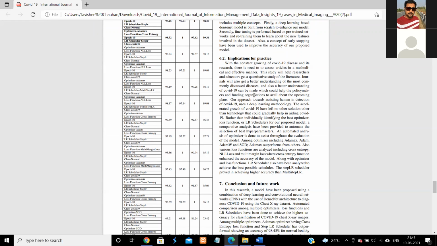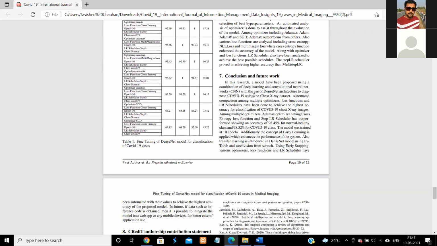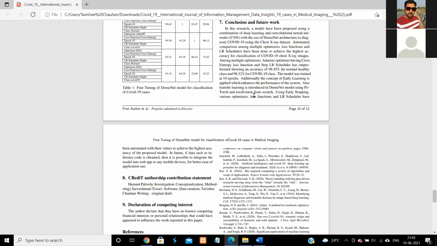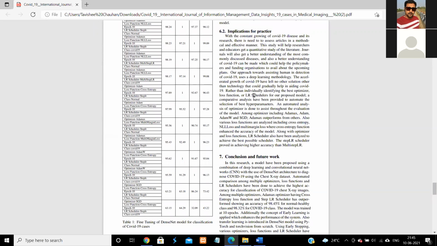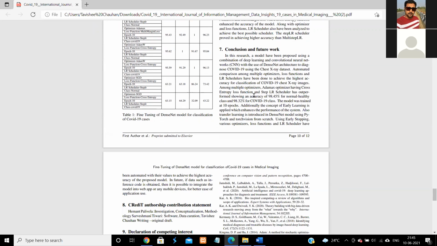Then we have conclusion and future work. We concluded by saying that we achieved 98.45% accuracy by using automation of fine tuning parameters, and ADAMAX outperformed the others.